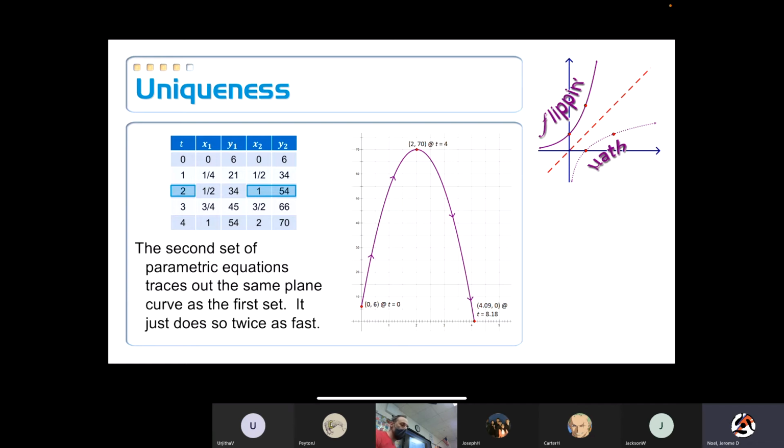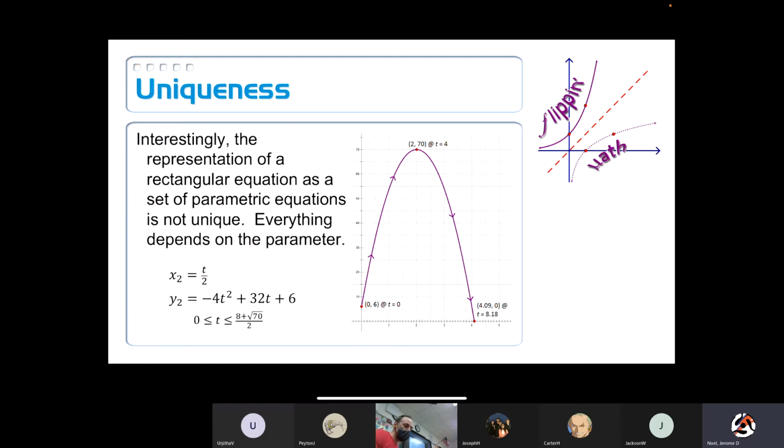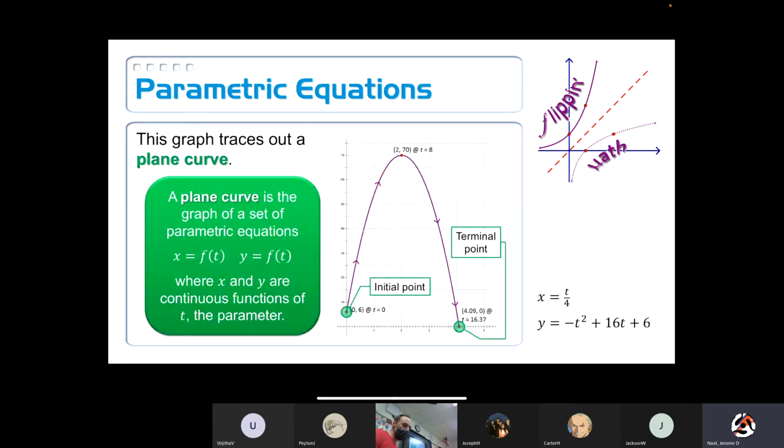At t equals 4, because you're going to have the same exact coordinate. If I plug in 2 here, I get 2 over 2 is equal to 1, x coordinate of 1. If I come back over here to this other one that we defined initially, 4 over 4 is a 1. It's just that the other one happens a little bit sooner, right?